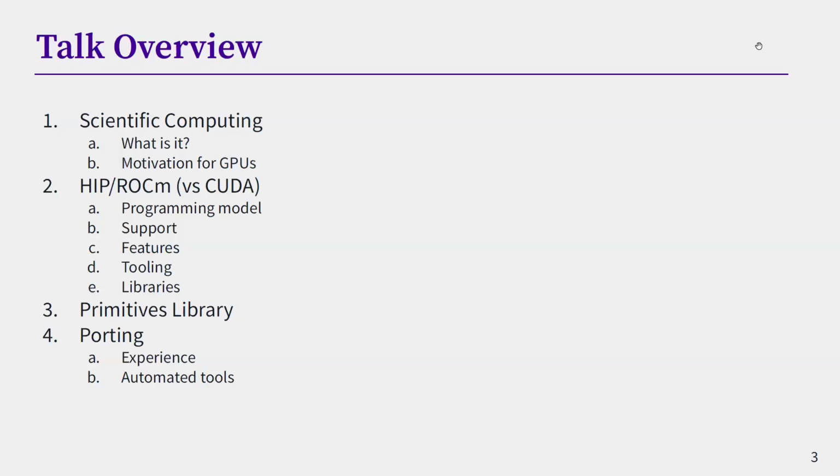I set out a couple of goals when I started this work. These were metrics I was going to review against. So things like the support, features, tooling, the library availability. Obviously, we won't write everything from scratch all the time.